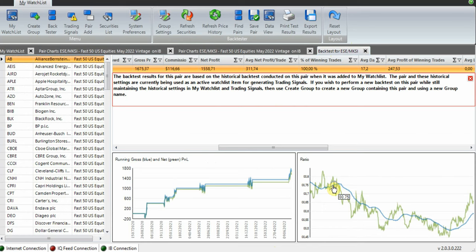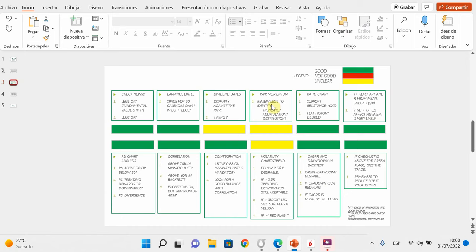So even if not in the best condition, we think that the upward trend that we observed last month is kind of abnormal in the history of the ratio. So there is a possibility of reverting back. In any case, once again, we have to mark this pair momentum with yellow.